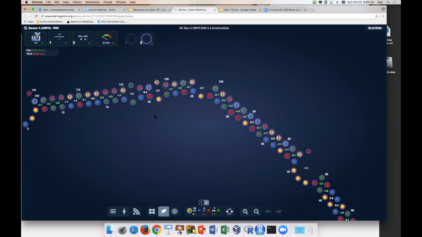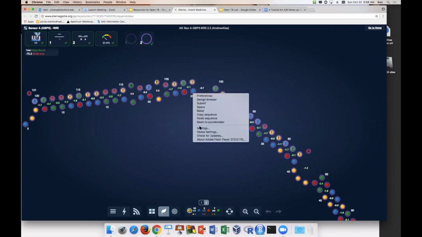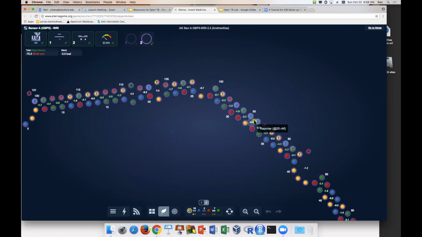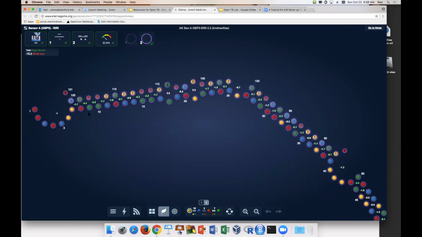So what I did, that's the wrong one. In this puzzle right here, you see this is the reporter sequence that goes from here to here, and it has one dangle in state 2 here. And this is the sensor A oligo that goes from here to here.